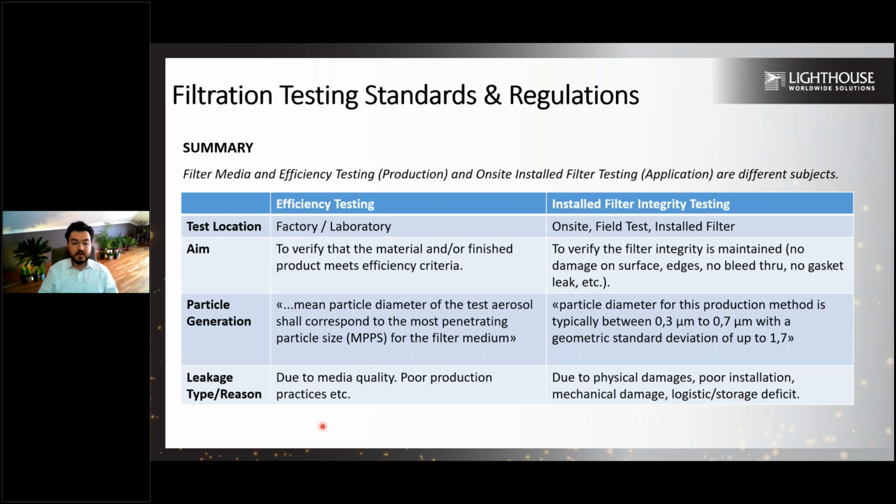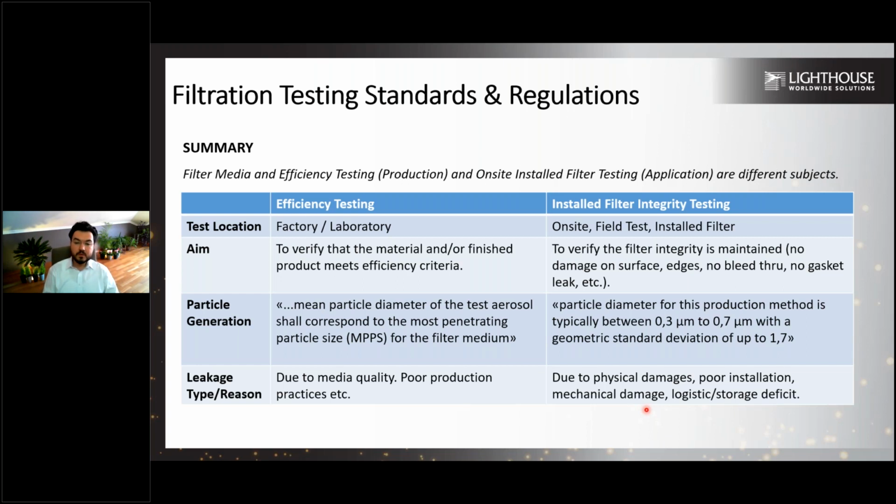And leakage type and reason in efficiency testing is due to poor media quality or poor production practices. But on our side it is physical damage, poor installation practice, mechanical damage, or logistic issues. So it's completely different.